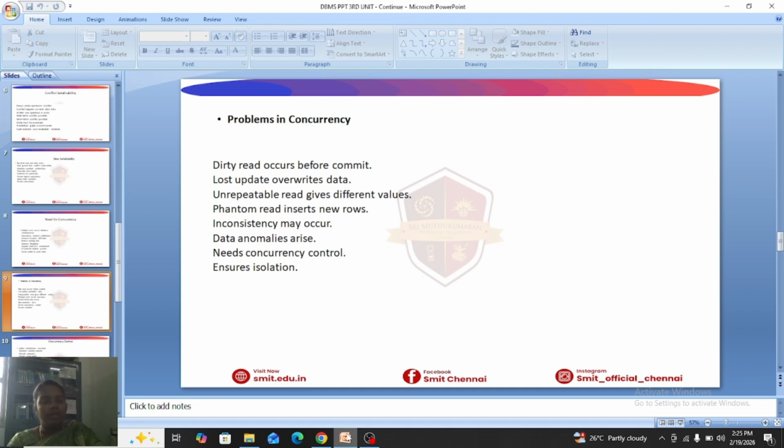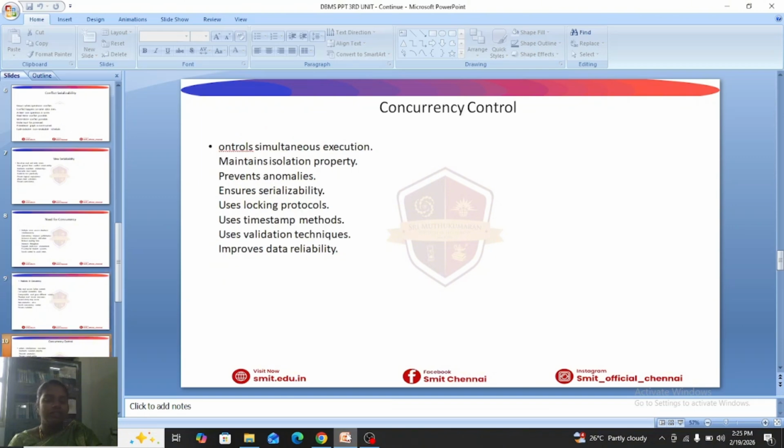And then problems in concurrency. Dirty read occurs before commit. Lost update overwrites data. Unrepeatable read gives different values. Phantom read inserts new rows. Inconsistency may occur. Data anomalies arise. Needs concurrency control. Ensures isolation. These are the problems in concurrency.